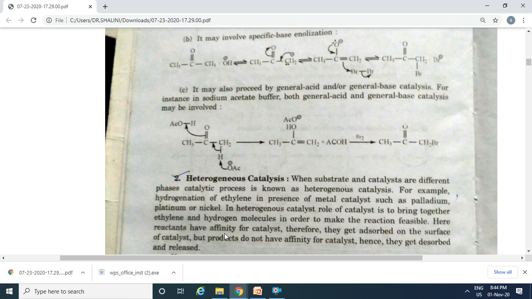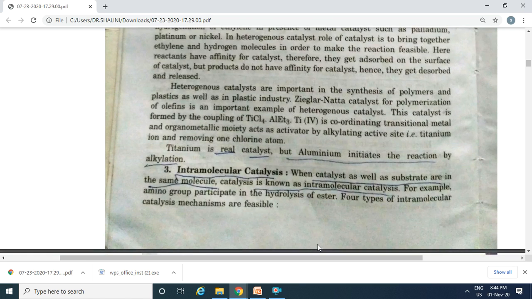Here, the reactants have affinity for the catalyst, therefore they get adsorbed on the surface of the catalyst. But products do not have affinity for the catalyst, hence they get desorbed and released. Heterogeneous catalysts are important in the synthesis of polymers and plastics, as well as in the plastic industry.